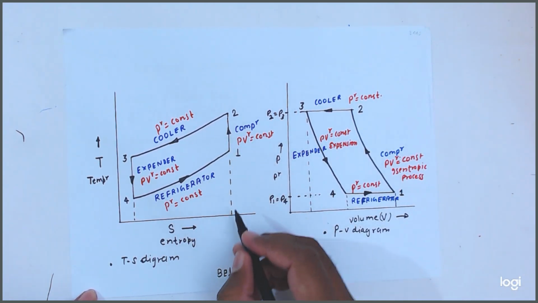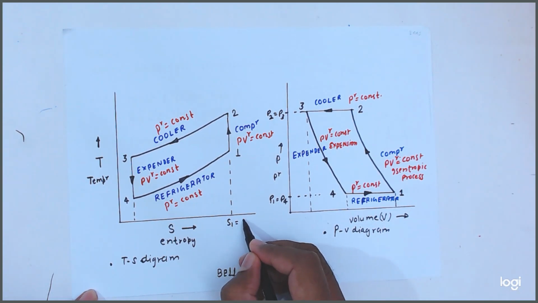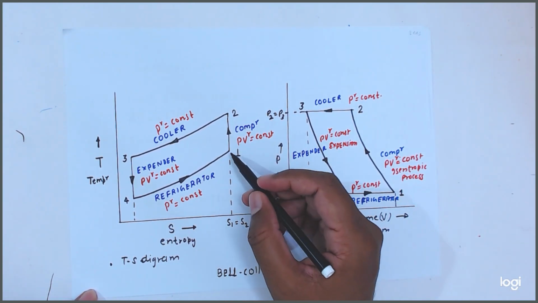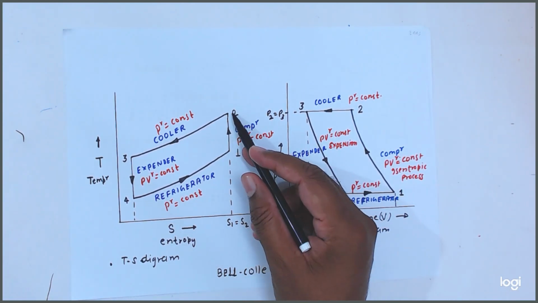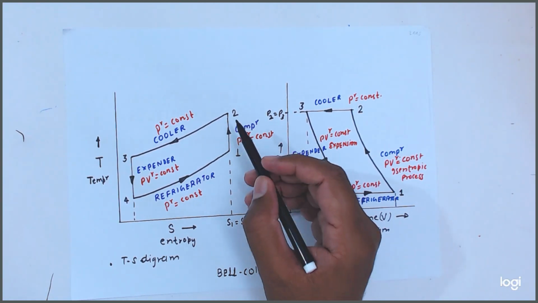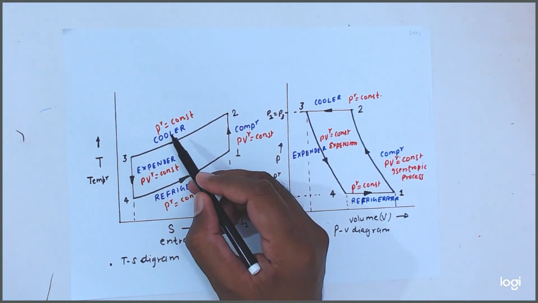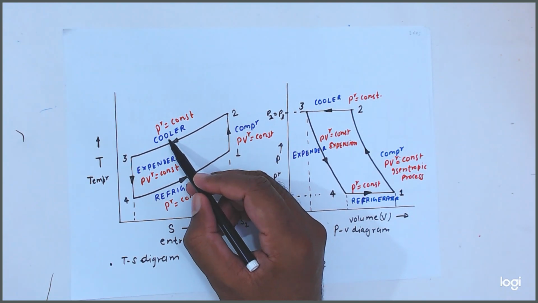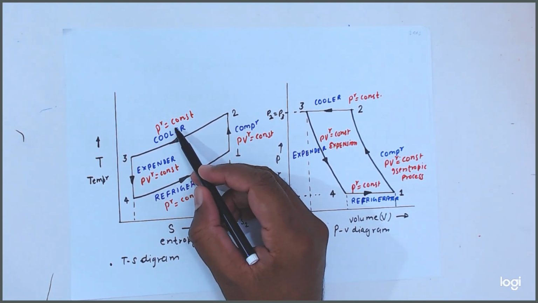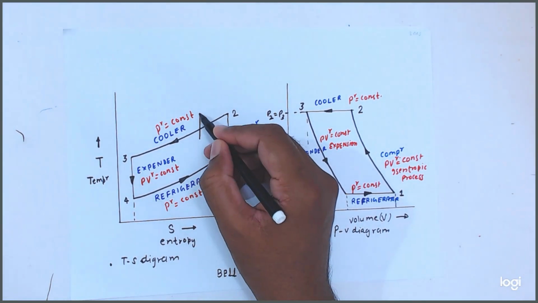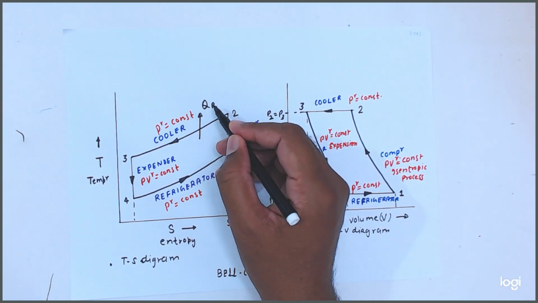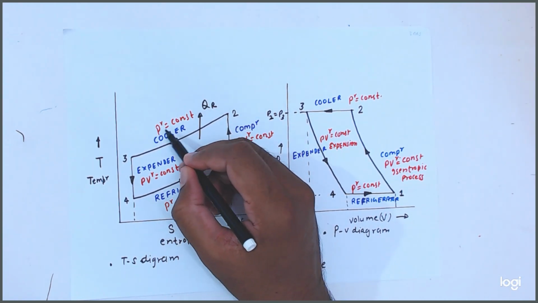So here the entropy S1 is equal to S2, because it is constant, or you can say isentropic. Process 2 to 3 is constant pressure heat rejection, in the cooler section.